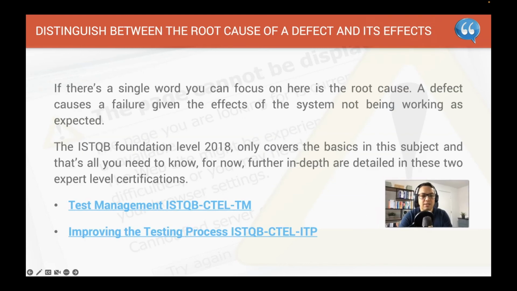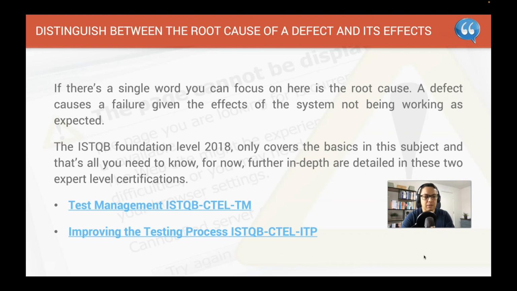This next slide talks about the root cause of a defect. This foundation level doesn't expand in full detail about the root cause, but it is an important point to talk about. If there's a single word you can focus on here, it is the root cause. A defect causes a failure, given the defects of the system not working as expected.